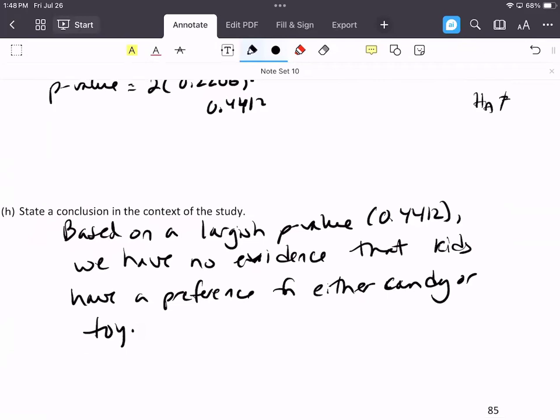And there we go. So in the end, we ended up not having evidence against our null.